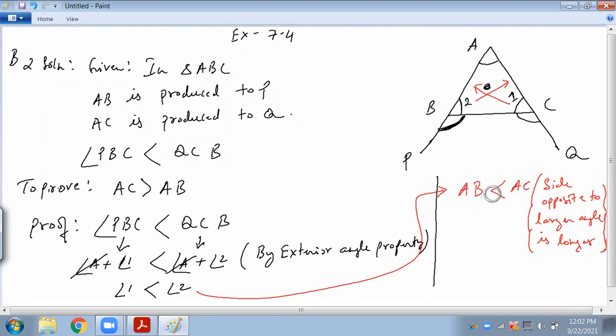Here, we can read this in both ways: AB is less than AC, or AC is greater than AB. If you read it from the right, AC is greater than AB. We're using that property only. You're asked to prove AC is greater than AB, but we're getting AB less than AC. It is the same only. So at the end, we can write therefore AC greater than AB. Hence proved.